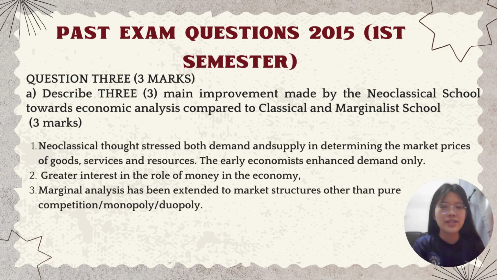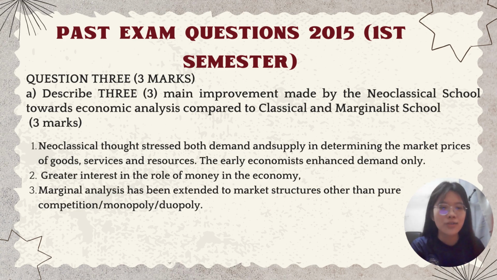There are three improvements made by the neoclassical school towards economic analysis compared to the classical and marginalist school. Firstly, the neoclassical school stresses both demand and supply in determining the market prices of certain goods, services, and also resources.